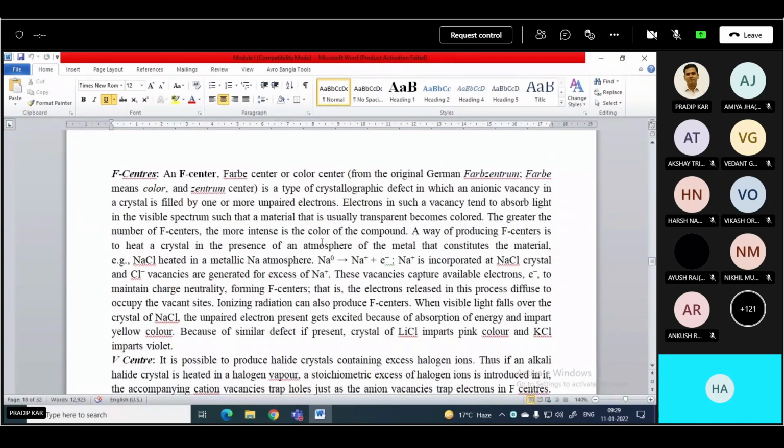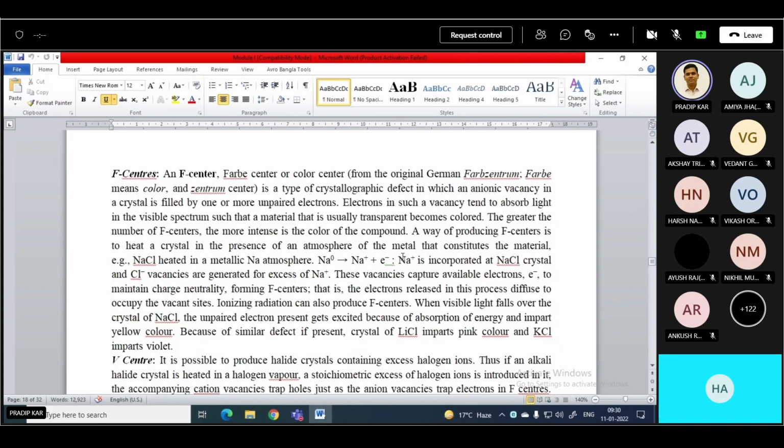So when we heat NaCl in a sodium atmosphere, sodium gives Na plus and the electron leaves. Na plus is incorporated into the NaCl and a Cl vacancy is generated, and that Cl vacancy is occupied by the extra e minus.